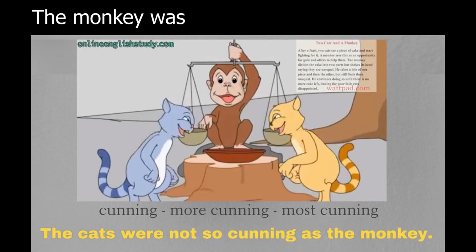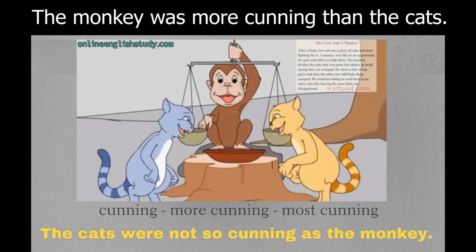The monkey was more cunning than the cats. Please note that the form of the linking verb has changed in accordance with the subject in the example we have just finished.